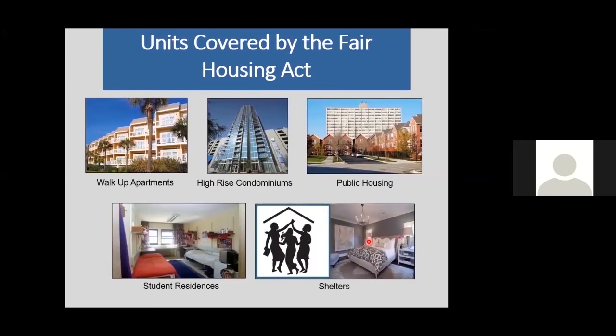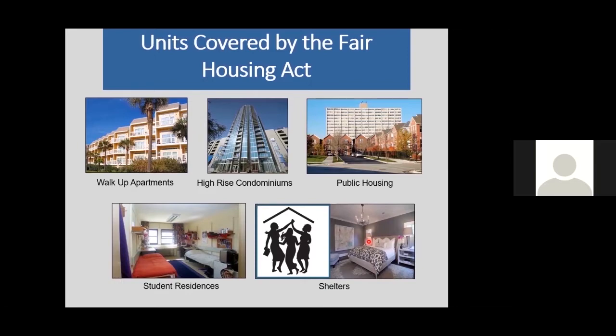The types of housing subject to these design and construction requirements are far-reaching. Again, could be walk-up apartments, but they could be for sale. This could be a condominium building. It does not have to be rented only. It could be public housing. 4 or more units after March 13th of 1991.